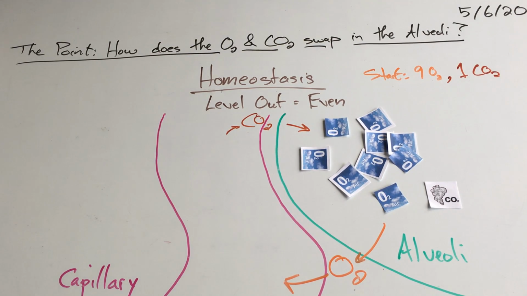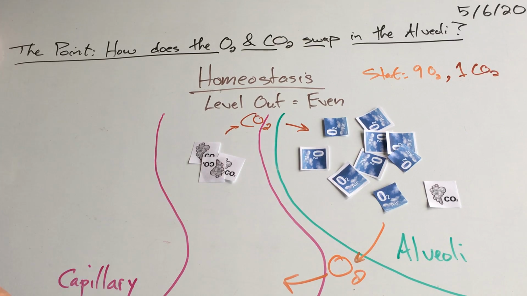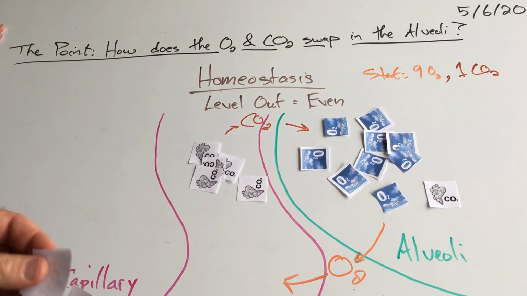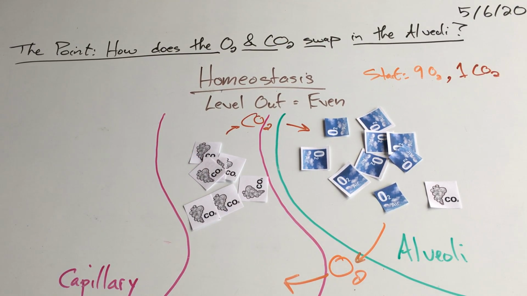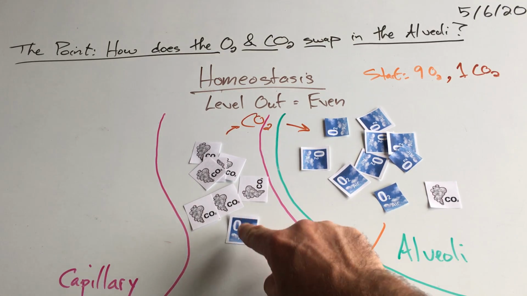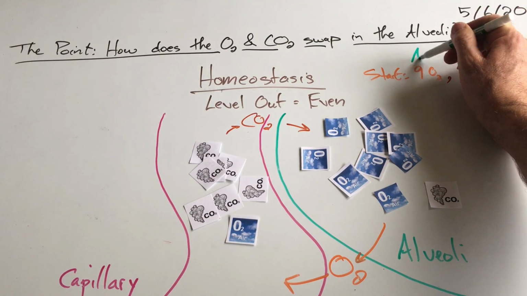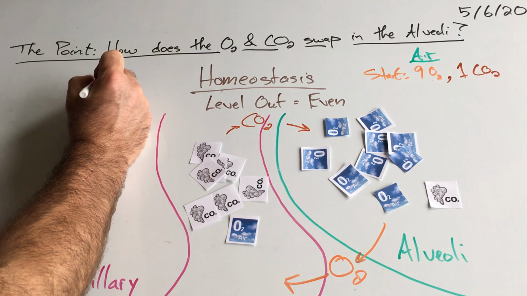And let's say the blood, I don't know, we'll say it has 7 carbon dioxides and 1 oxygen. So this is the air over here, and this is the blood over here.